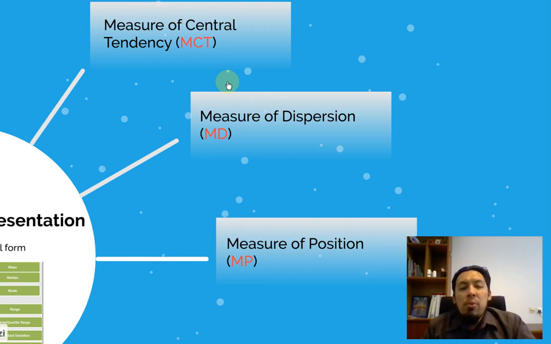Then we have measure of dispersion, which you use to measure the spreadness of data, how far the data are from each other. And lastly, we have measure of position, to pinpoint the position of each data value with respect to the whole data that you have. So let's look at it one by one.